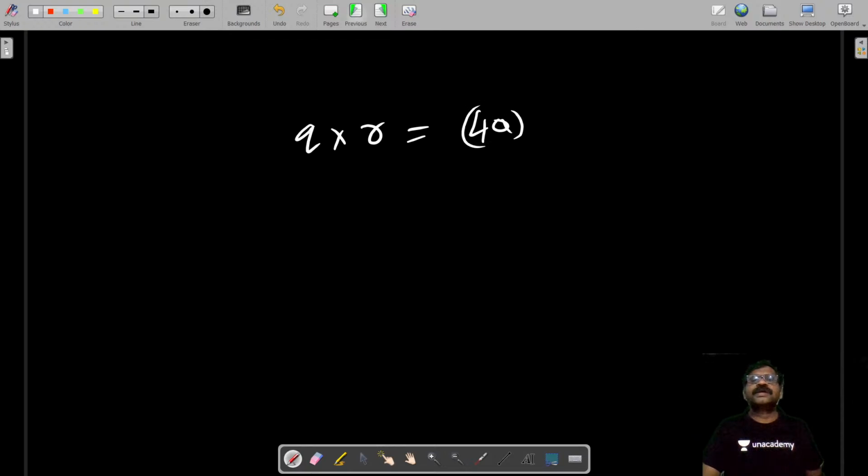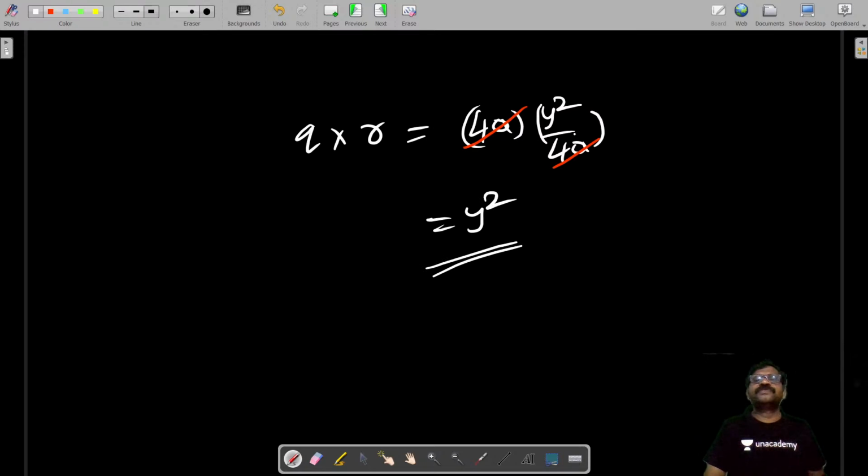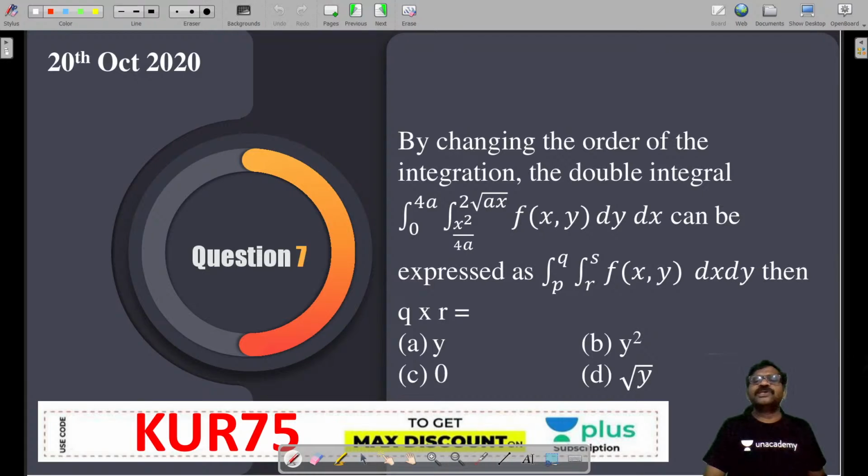R, y square by 4a. If you multiply these two, 4a cancels. The result is y square. The value of QR is y square. So, second option is correct.